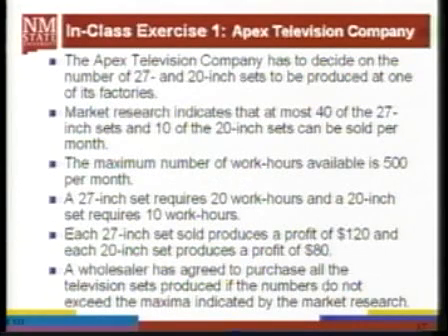Okay? The market research indicates that at most 40 of the 27-inch sets and 10 of the 20-inch sets can be sold per month. And only 500 working hours are available per month.